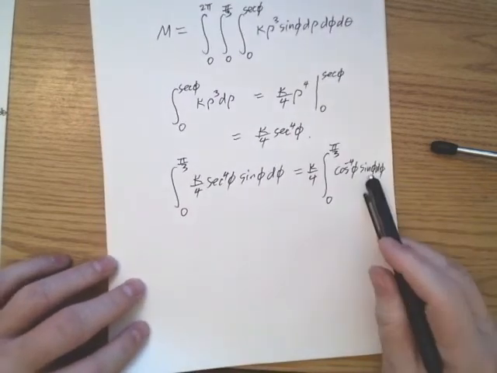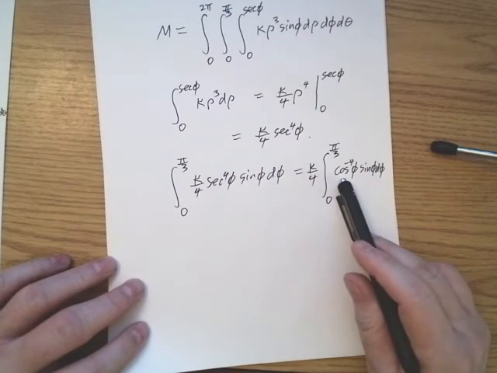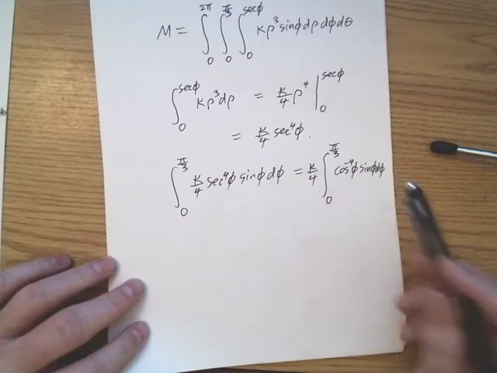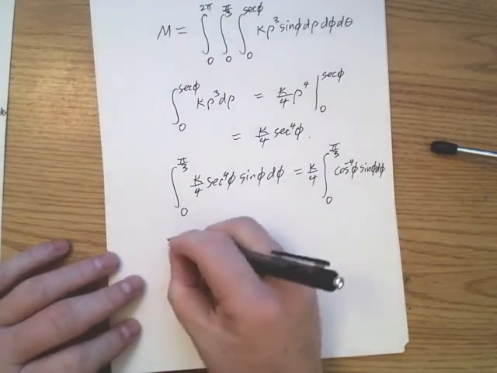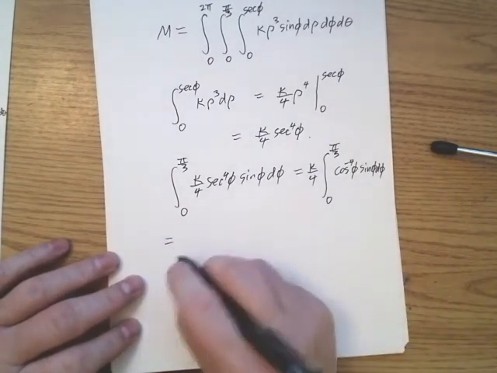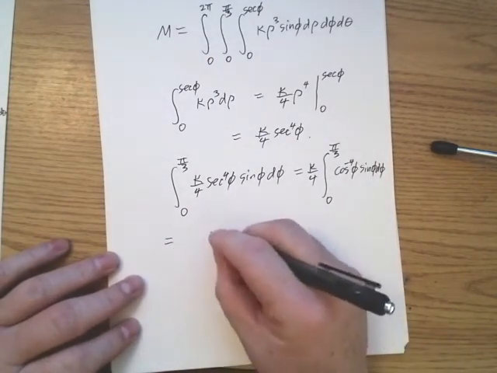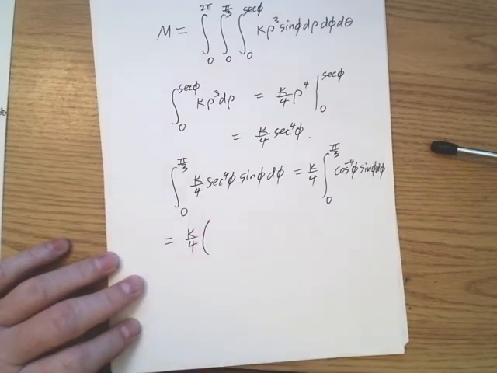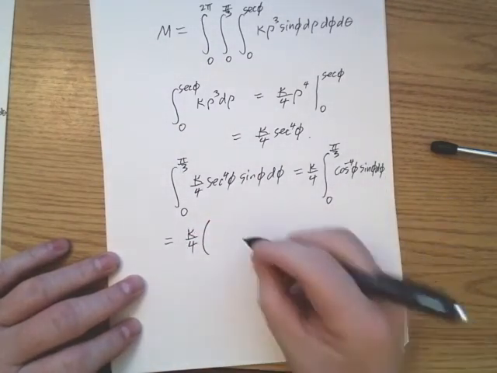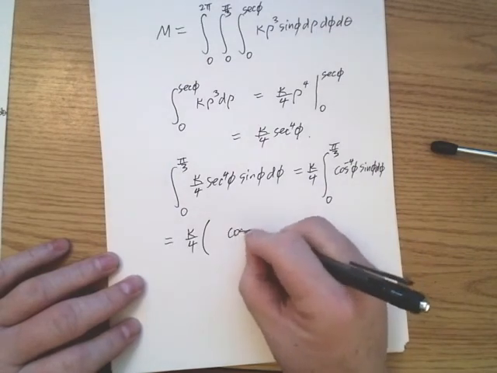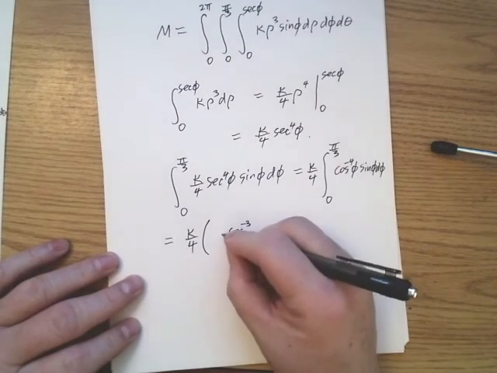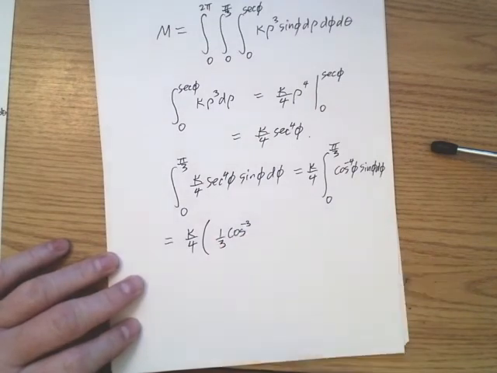So if I have a u substitution here, u is cosine of phi, and then du would be minus sine phi d phi. So we could go ahead and do that very easily, keeping the k over 4. Let's just imagine here, that would be cosine, add 1 to the power, and then divide.